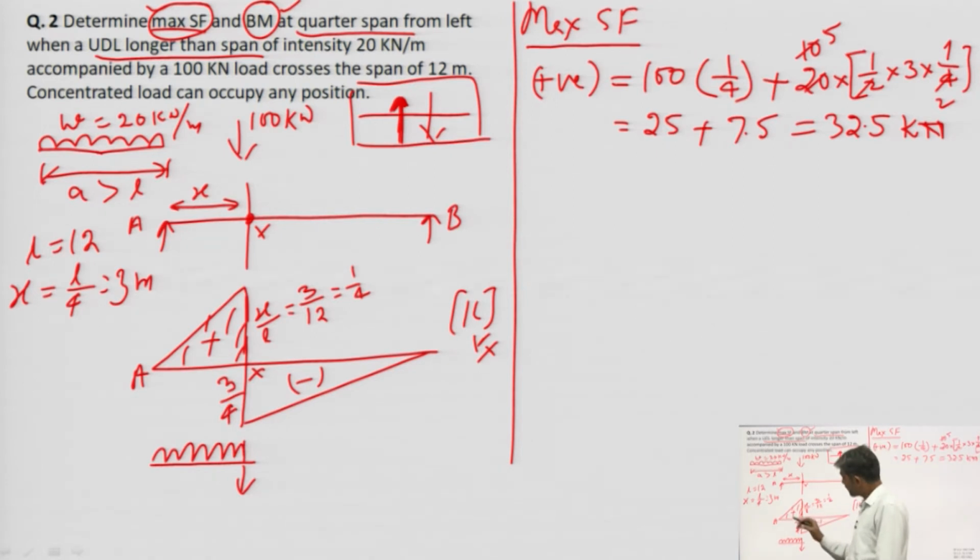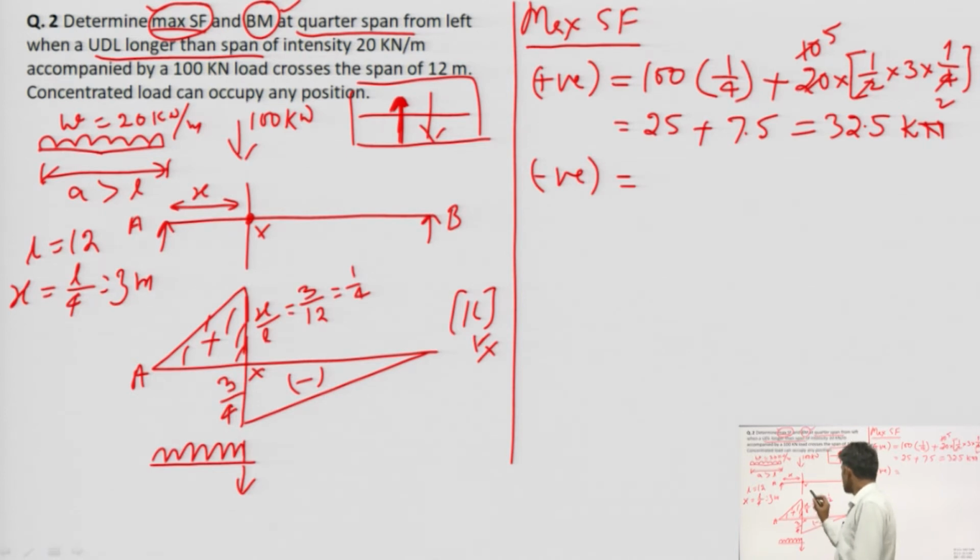In different books you can get different plots, and in that case it will be written as a negative value. In our case this is the positive value. Similarly, for the negative value, what should we do?